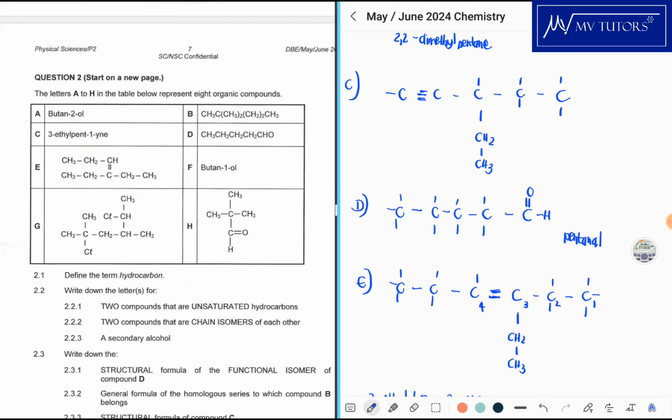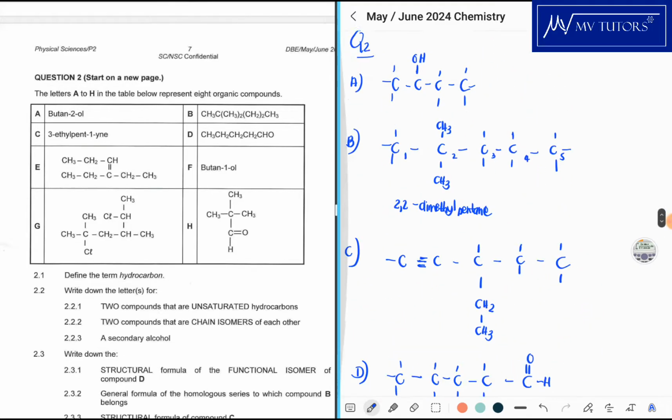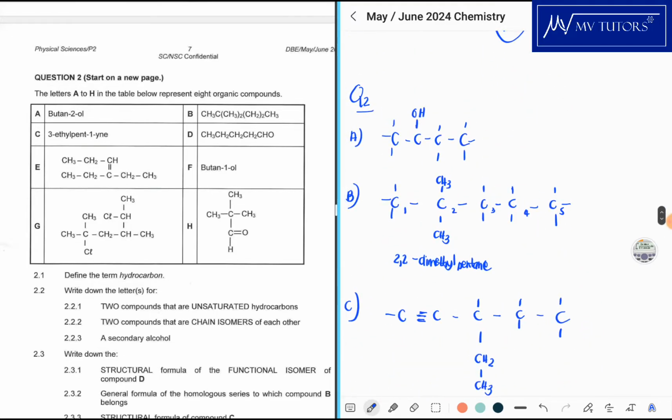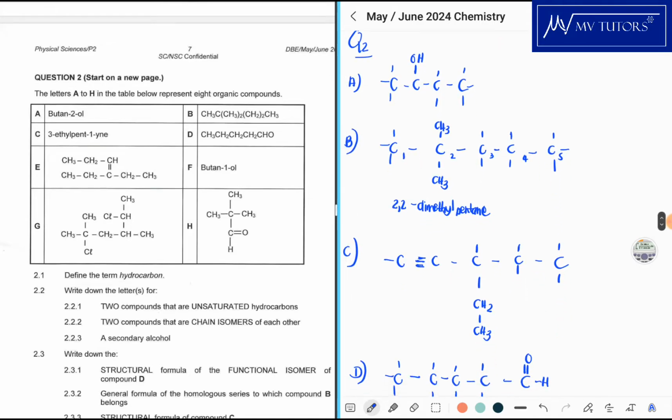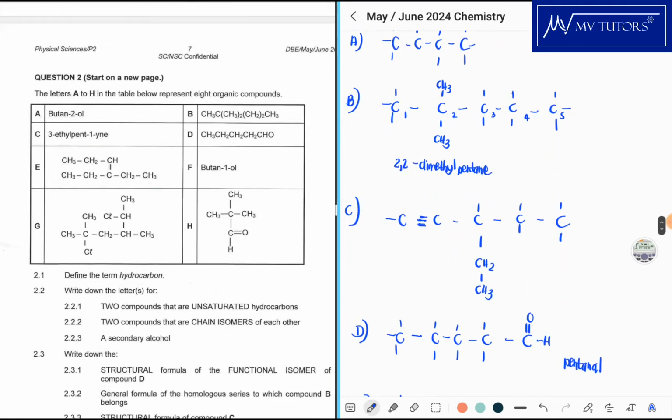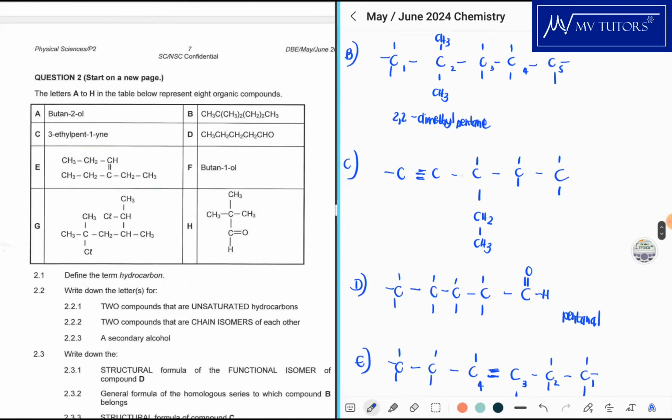Okay, and then 2.2.2: 2 compounds that are chain isomers of each other. Okay, I see positional isomers A and F. But let's see. B, what do we have? We have 7 carbons. Is there anything else with 7 carbons? 1, 2, 3, 4, 5, 6, 7. So B and C have 7 carbons, but if I look at the molecular formula, because of this triple bond, it won't work out.